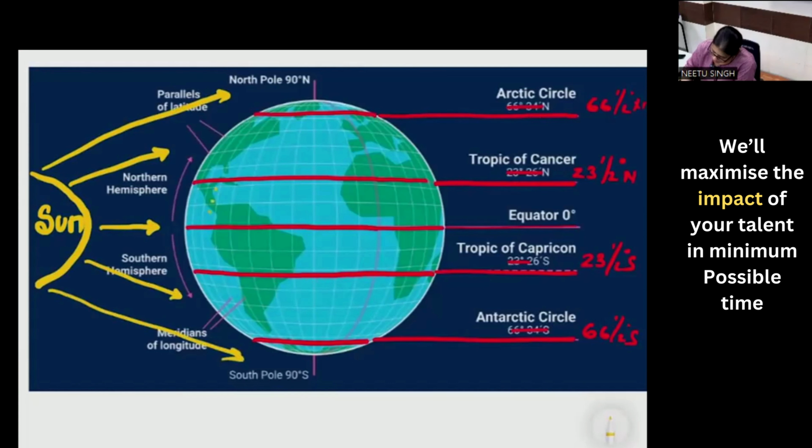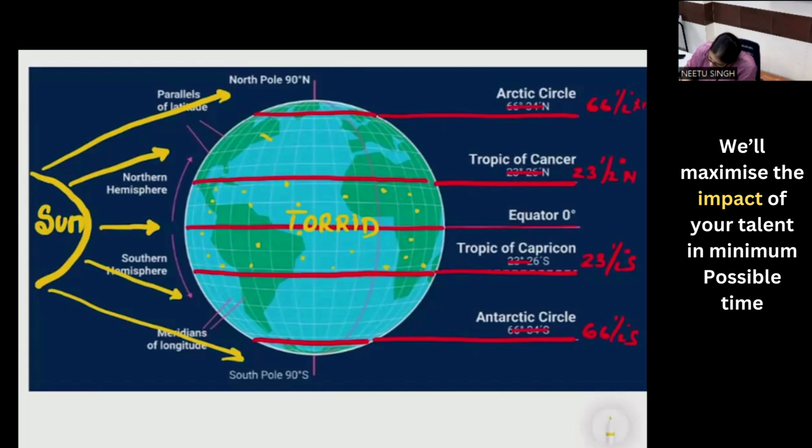Between the Tropic of Cancer and the Tropic of Capricorn, you have the torrid zone. The torrid zone is the warmest thermal zone because it receives direct sun rays throughout the year.